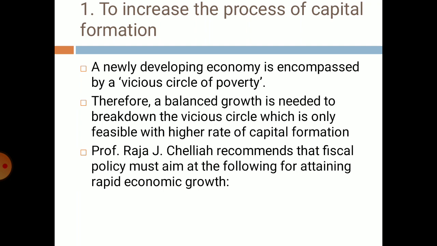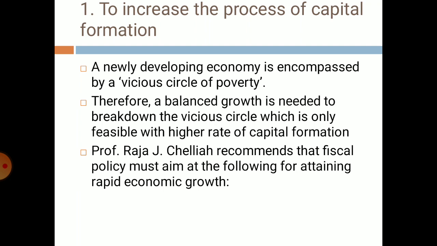So this is a circle. You want to counter this circle by taking some steps. If you don't break this circle, you will keep moving on and you will be poor only. So what are the steps to break this circle? Those steps are known as to increase the process of capital formation.